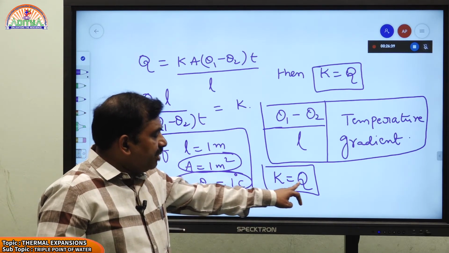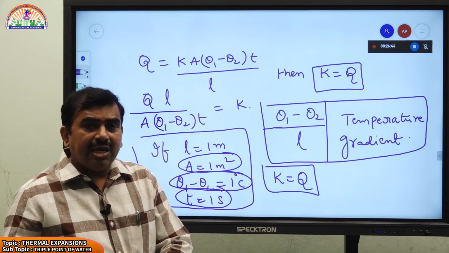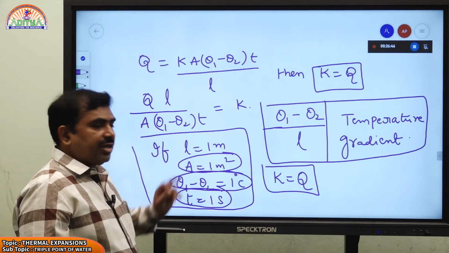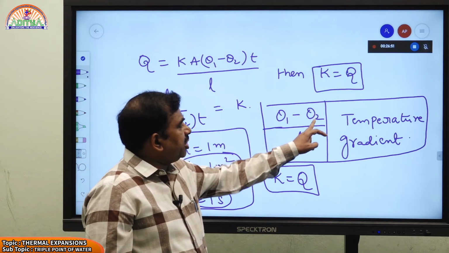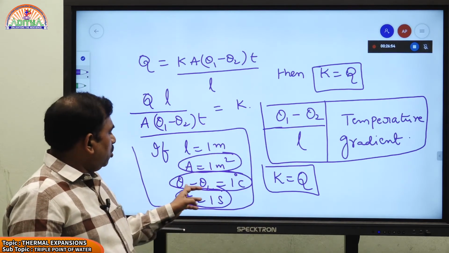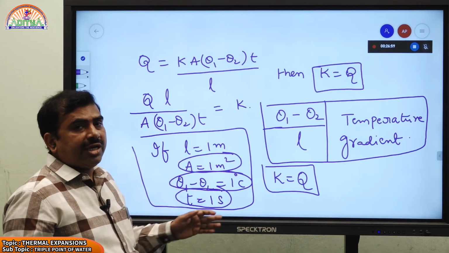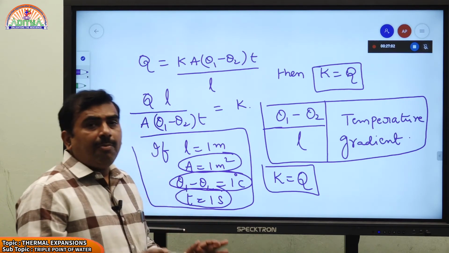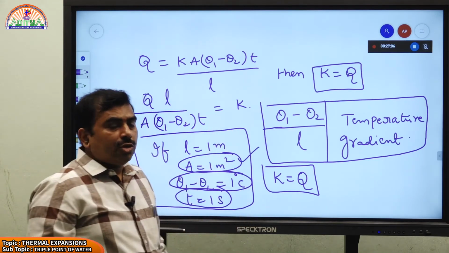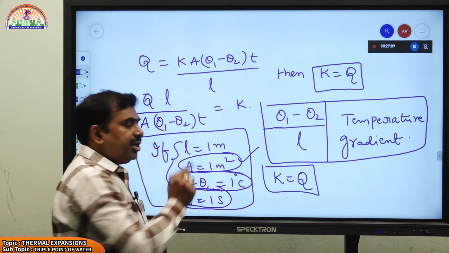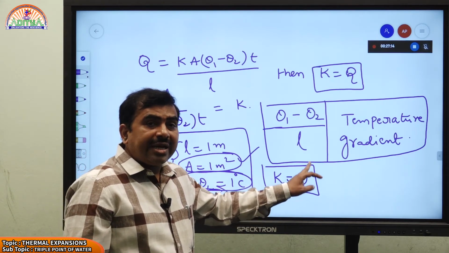Theta 1 minus theta 2 by L I will take as 1, that is, theta 1 minus theta 2 taken as 1 and L equal to 1. It is the amount of heat passing through a conductor of unit area of cross section, unit temperature gradient in 1 second. That is called the coefficient of thermal conductivity.